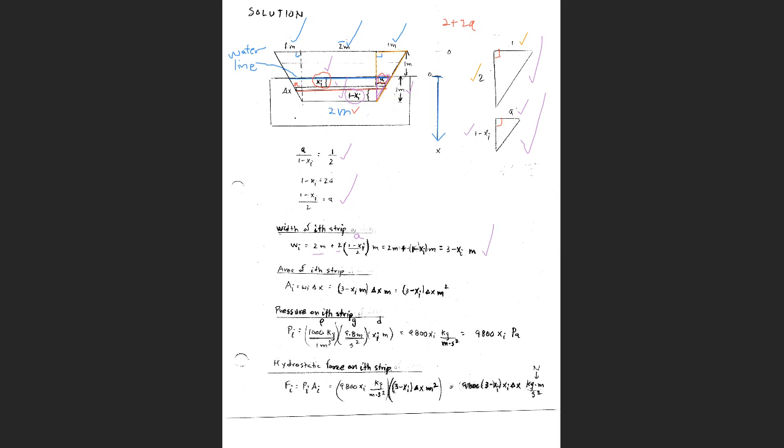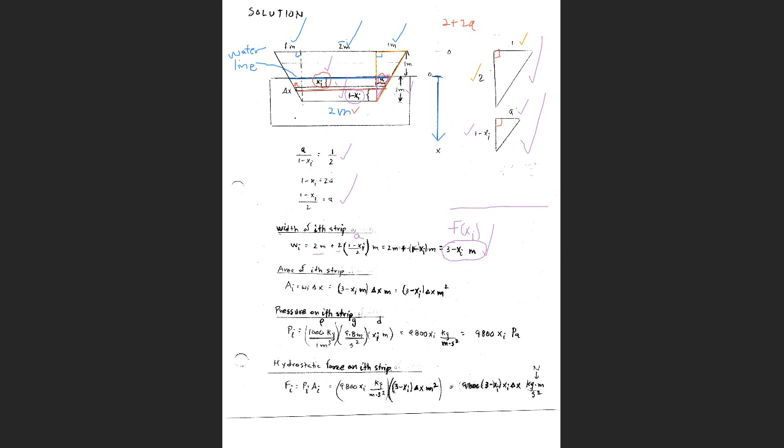Okay, 3 minus xi meters. This is your function, you know, f of xi, that tells you the width of the ith strip xi meters down. Okay, that's what that is.